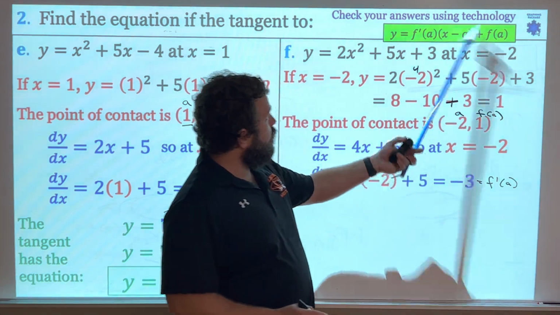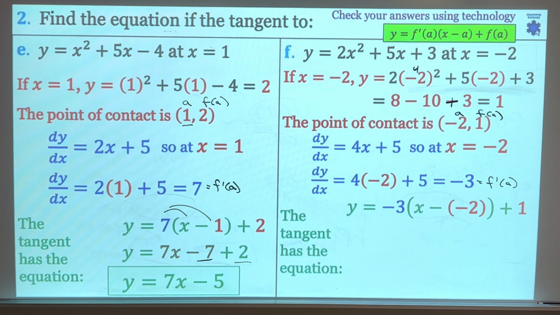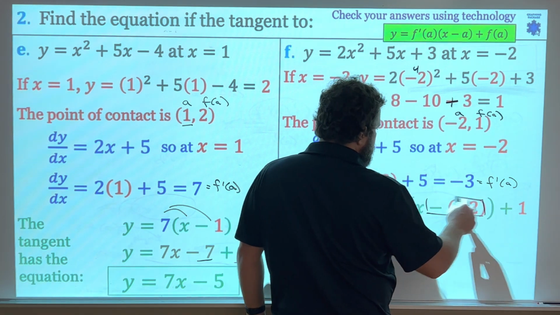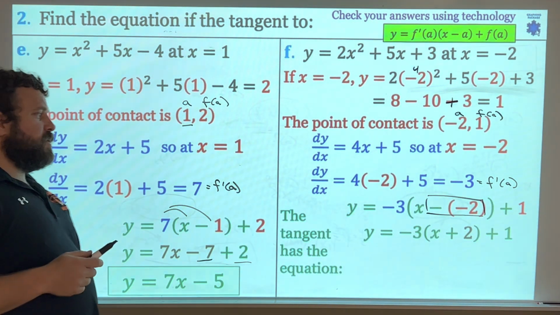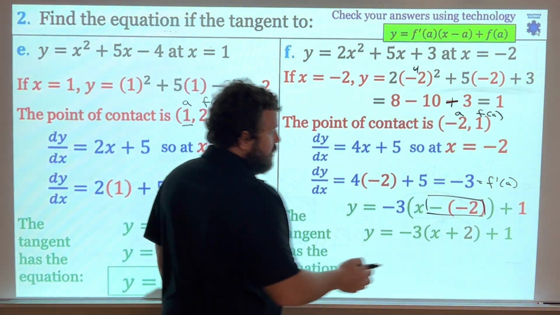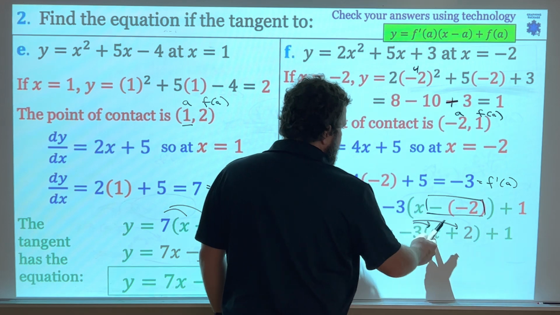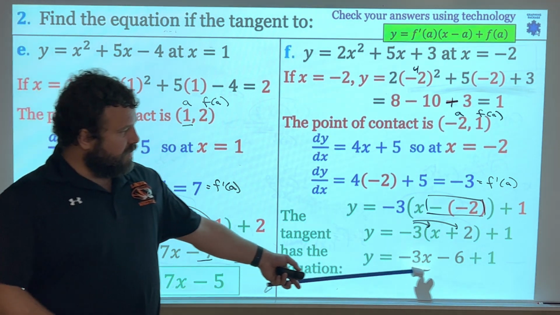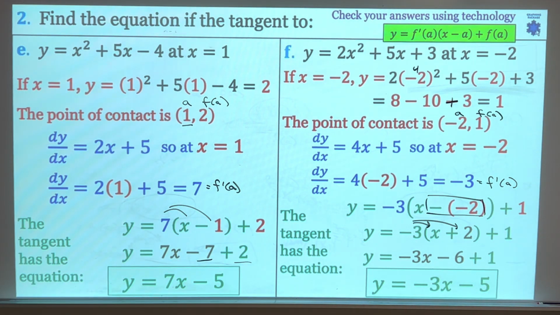Boom, boom, boom. Plug them in. Negative 3 times x minus negative 2 plus 1. Minus negative 2 becomes negative 3 times x plus 2 plus 1. You don't add these together yet until you distribute the negative 3. Negative 3x minus 6 plus 1. Negative 3x minus 5. All right?